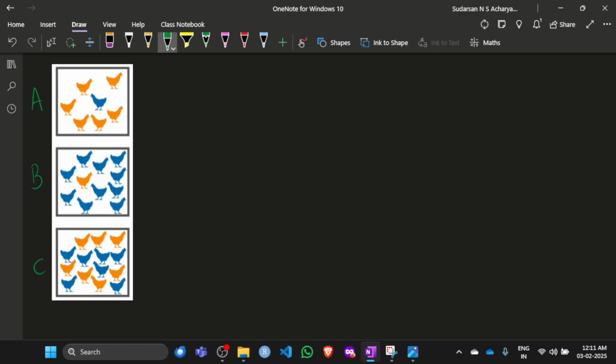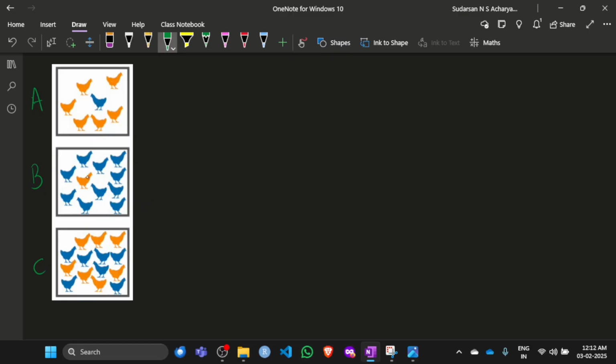So now if I were to pick a chicken from box A, I'd be very surprised if it turns out to be blue, because blue is very rare in that box, and I'll not be very surprised if I picked up an orange chicken. So there is a large surprise associated with blue. There is a small surprise associated with the orange chicken.